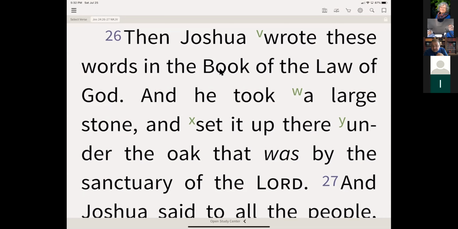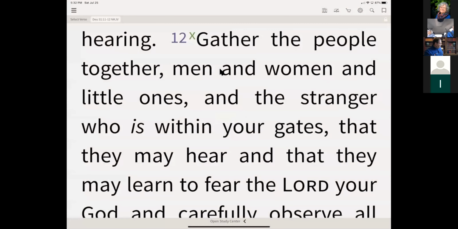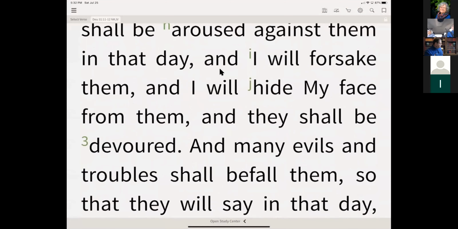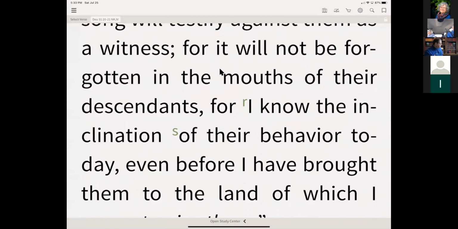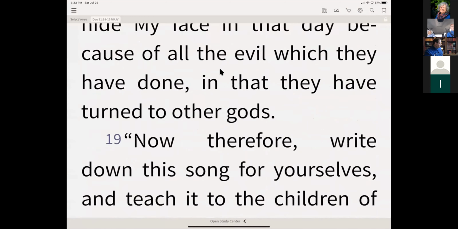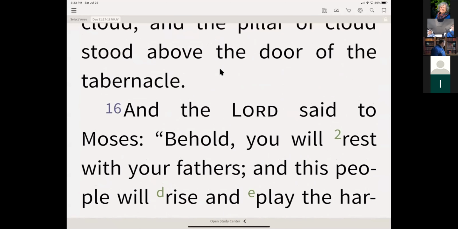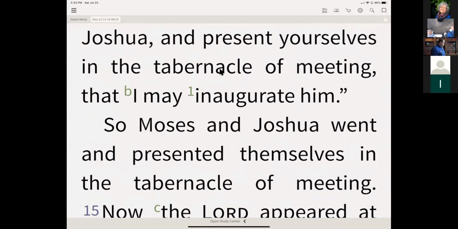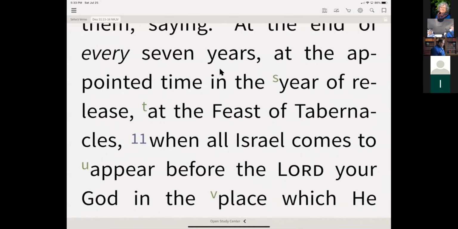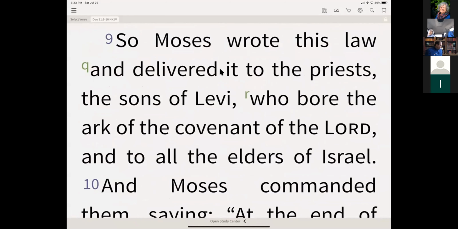And of course, Moses is not carrying the book, because look at Deuteronomy 31, and it says very clearly here, verse 9: Moses wrote this law and delivered it to the priests, the sons of Levi, who bore the Ark of the Covenant, and to all the elders of Israel.